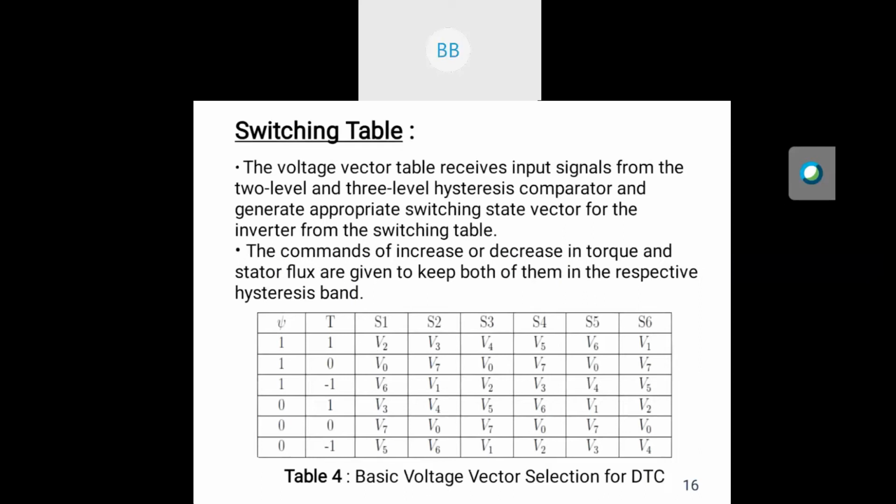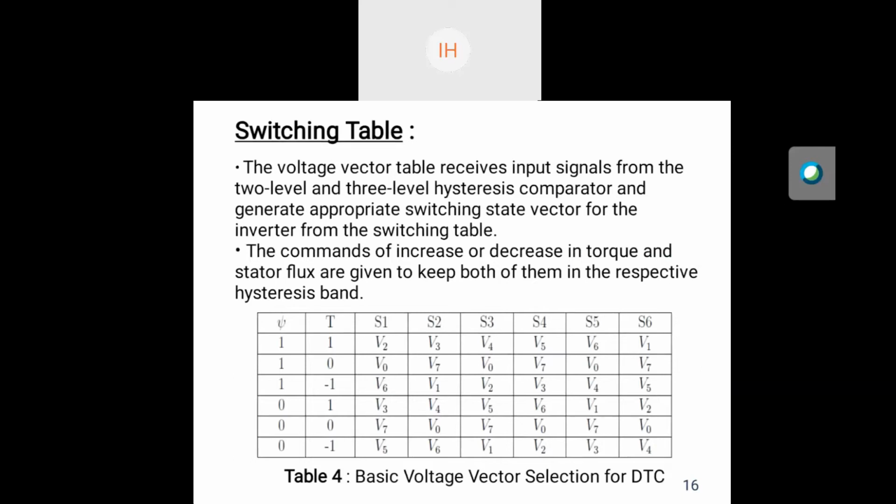So the switching table, also called the lookup table, is actually the main part for selecting the voltage vector. The switching table receives input from the 2-level and 3-level hysteresis comparators and generates the appropriate switching state vector for the inverter. The main function of this is to keep the stator flux in the respective hysteresis band.